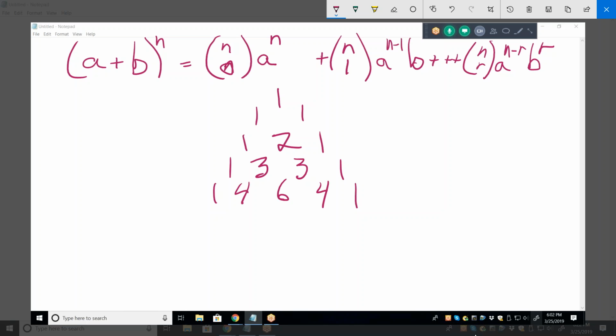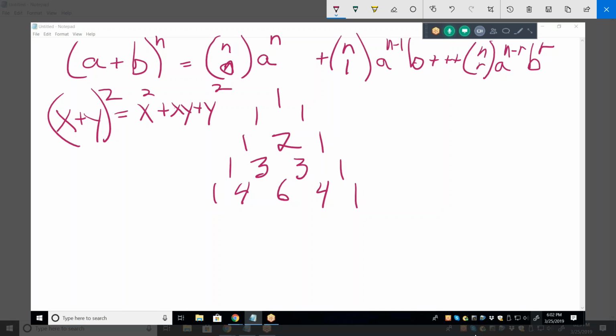Well, guess what? These coefficients are the same coefficients you get when you do the binomial theorem. For example, if I do (x plus y) squared, we know what that is: x squared plus 2xy plus y squared.